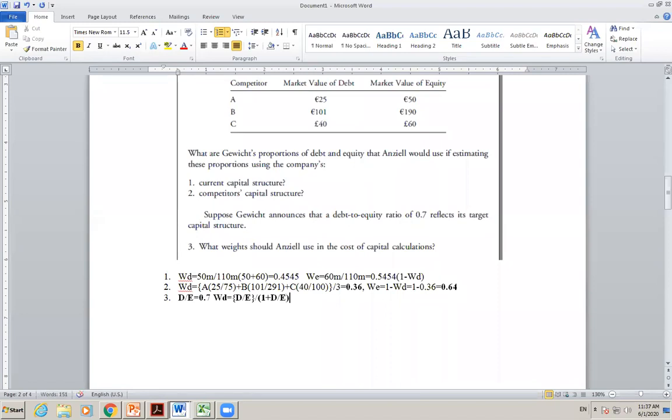This will let you calculate the proportion of the debt. Then we substitute 0.7 divided by 1.7. That would give you the proportion of the debt, which is 0.41.